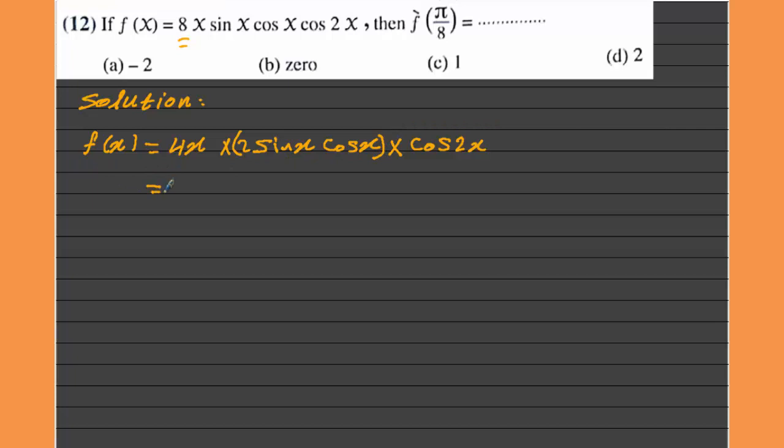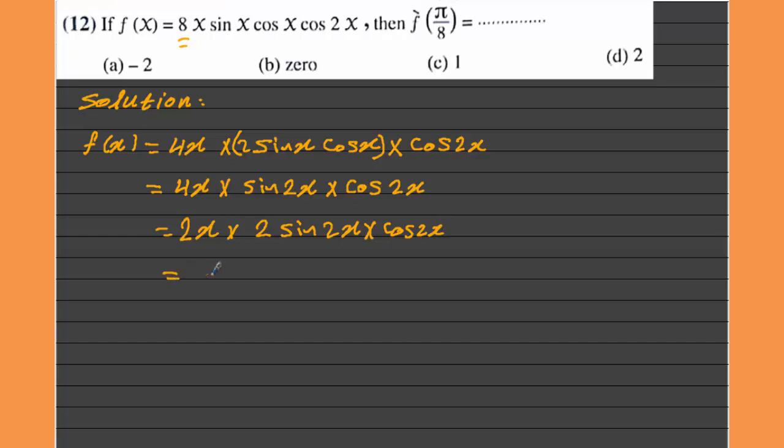So f of x equals 4x multiply sine 2x multiply cosine 2x, which equals, again we write, 2x multiply 2 sine 2x multiply cosine 2x equals 2x multiply, this part equals sine 4x.